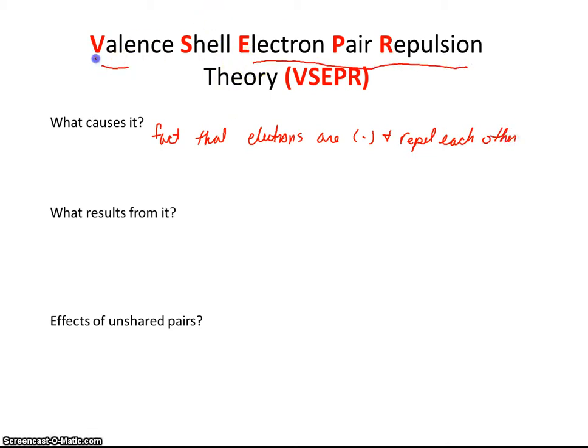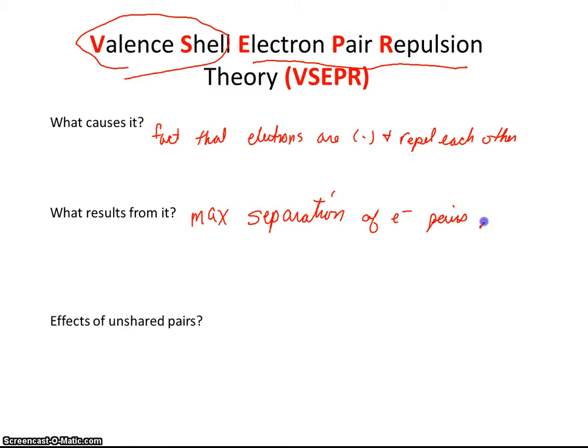But we're specifically talking about those in the valence shell. So what results from it? Well, we get max separation of electron pairs in 3D, 3 dimensions. So this leads to molecular shape.